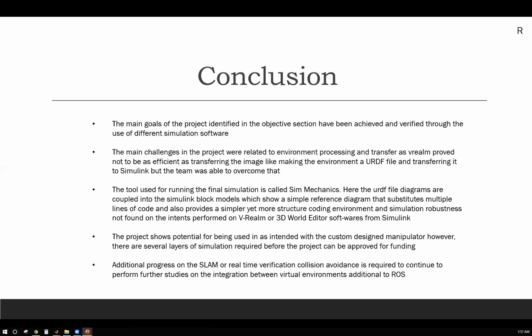The main challenges in the project were related to the image processing, and through trial and error and through trying different packages, we were able to find what is most suitable for our application and optimize it. The tool used for running the final simulation is SimMechanics, which has been successful in simulating the environment. And the project shows potential for being used as intended with a custom design manipulator.